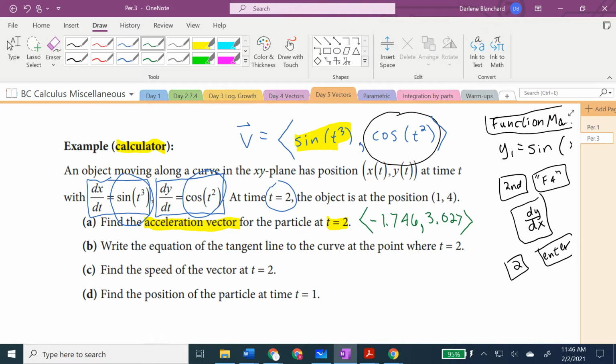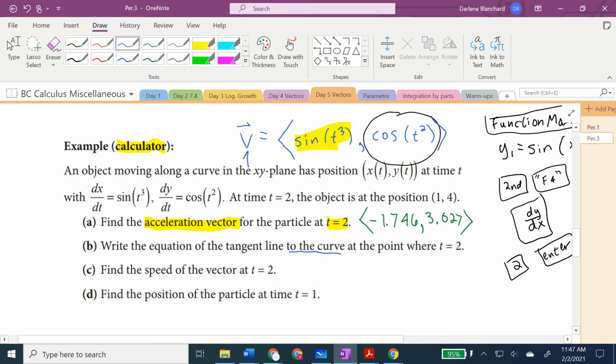Part B wants you to write an equation of a tangent line at t equals 2, but be careful of the wording. And this problem was actually created after AP problems like it were made. It wants the equation of the tangent line to the curve. Realize what you are given.